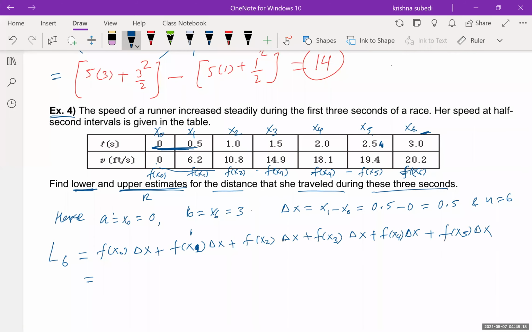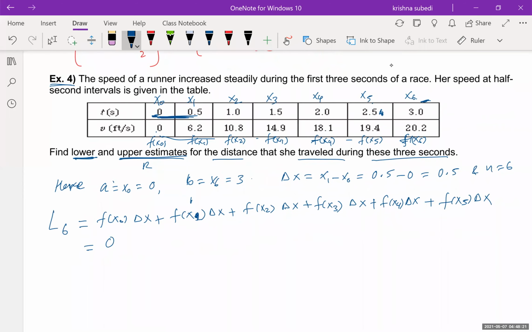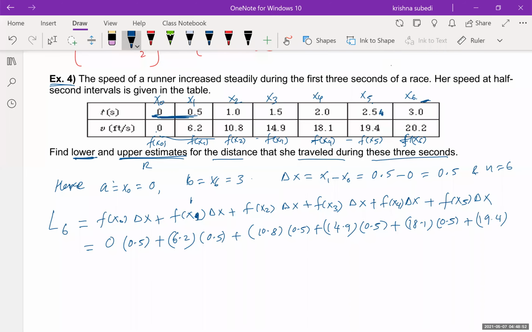Now substitute the values. f of x0 is 0, and delta x is 0.5, plus f of x1 is 6.2, delta x is 0.5, plus the area of the third rectangle is 10.8 times 0.5, 14.9 times 0.5, 18.1 times 0.5 plus 19.4 times 0.5.